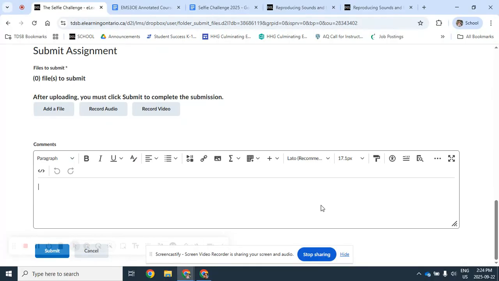That is key. If you don't do those steps, I will not be able to see it, and if I can't see it, I can't mark it. You don't want to lose marks over a technicality. So please make sure that you give me permission to edit using my email, and you're going to submit a PDF file of just the text.